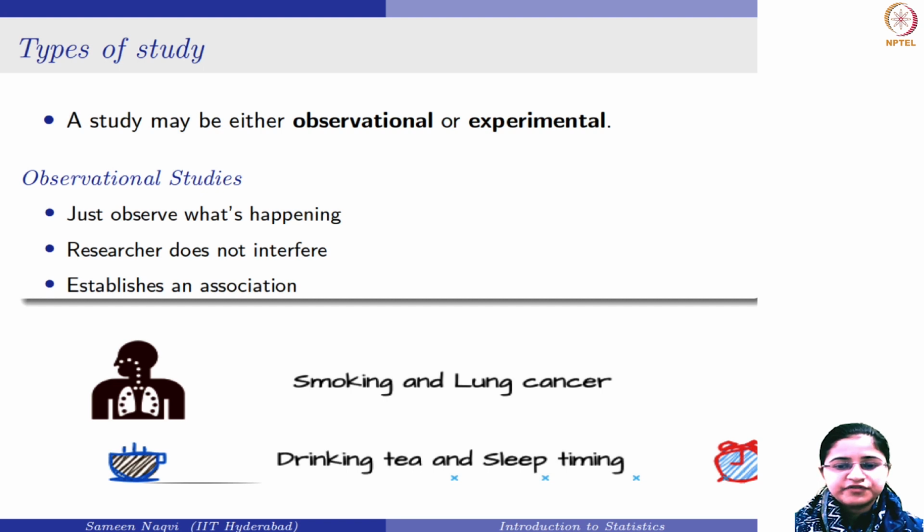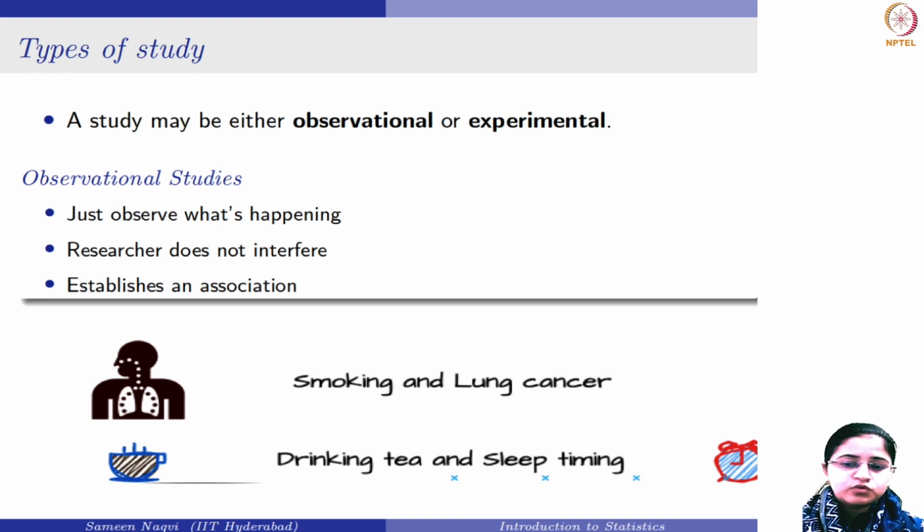So you make 2 different groups, and in each group of individuals, you will ask questions like whether they smoke or not, and if yes, then how many cigarettes they smoke per day. And if a person does not smoke, then you can also ask whether they are exposed to passive smoking or not. And then you make an analysis based upon this.